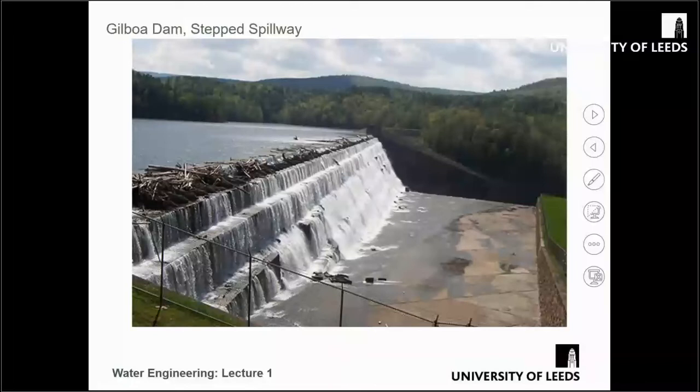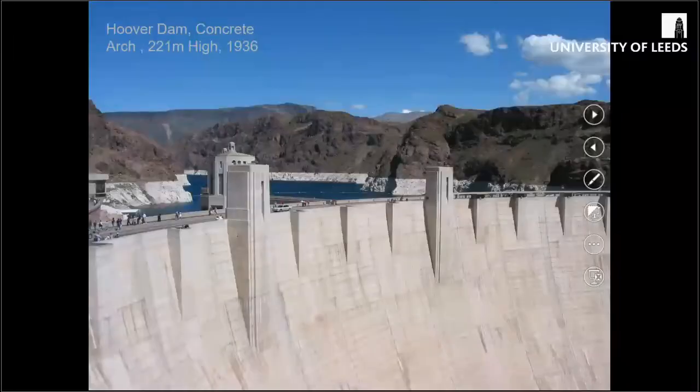This is more straightforward and interesting than possibly the social issues of hydraulics, but the social issues are important for your future potential. You might get involved in looking at big things like these dams. The Hoover Dam.